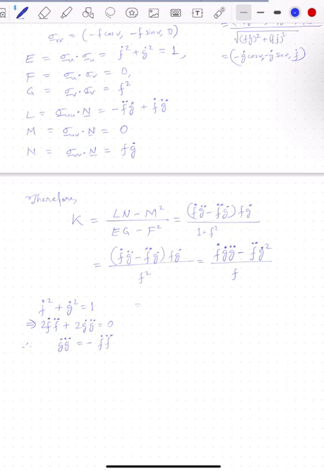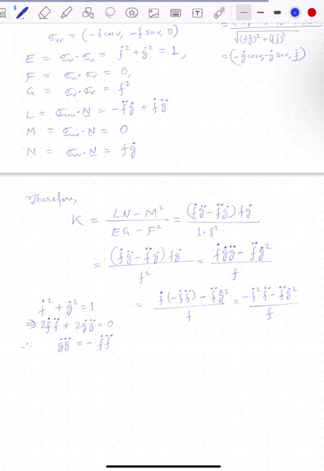So this comes out to be, using this here, so we'll have f dot minus f dot f double dot and then minus of f double dot g dot square divided by f, and this easily comes out to be minus f dot squared f double dot minus f double dot g dot squared divided by f.